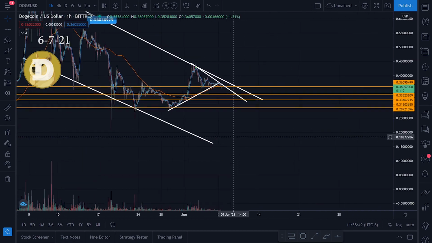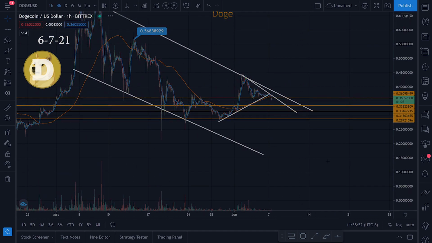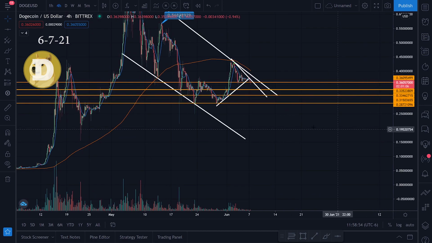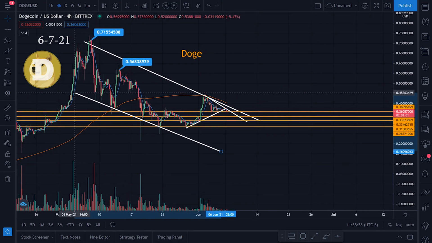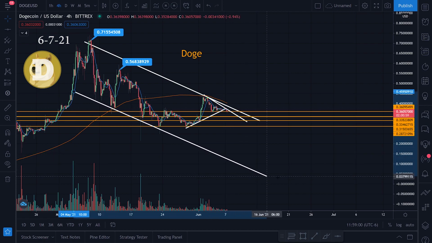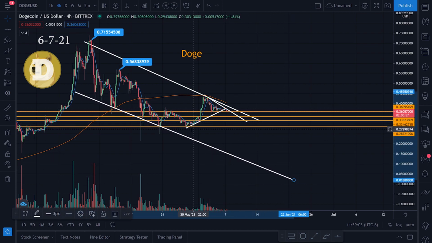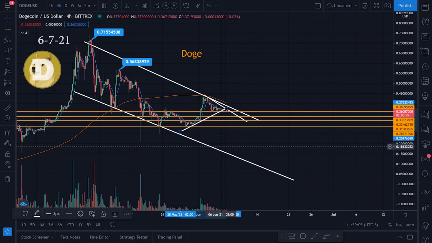The other thing is if we are in this falling channel, and I'm not trying to be bearish or anything, but if we are in this falling channel, we do have this trend line going downward like this that could be possible support if it really fell.